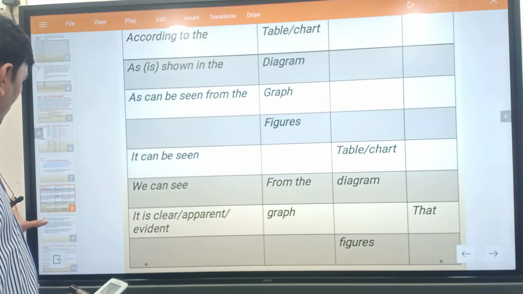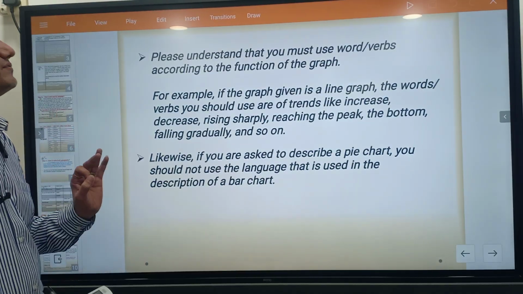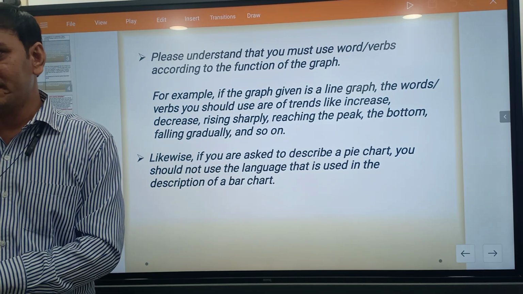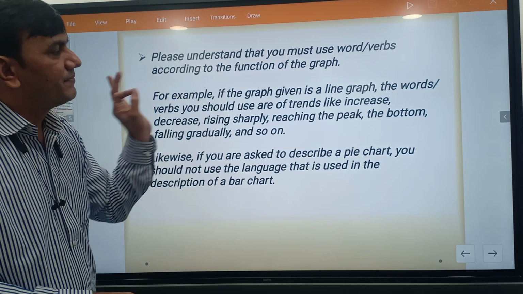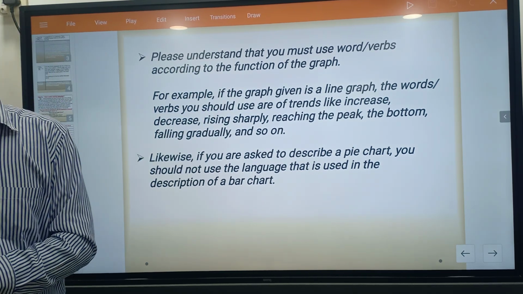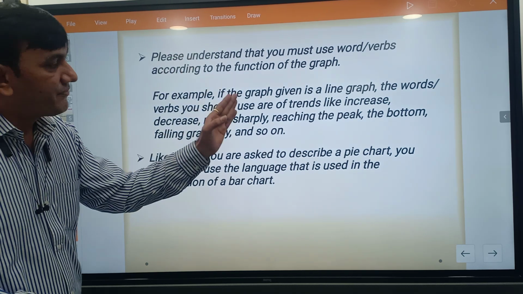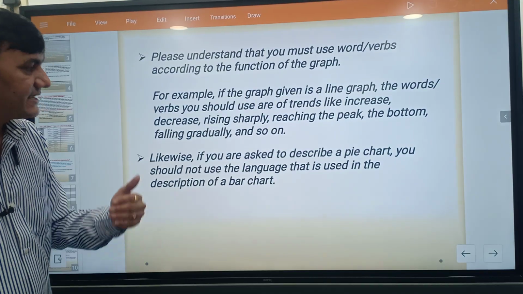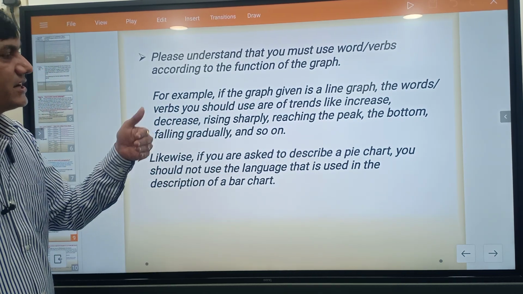Clear? After that, please understand that you must use words or verbs according to the function of the graph. According to the function of the graph, how? For example, if the graph given is a line graph, then the words or verbs you should use are of trend, like increase, decrease, rising sharply, reaching the peak, bottom, falling gradually and so on.